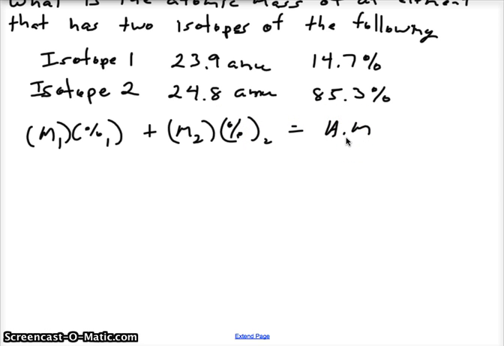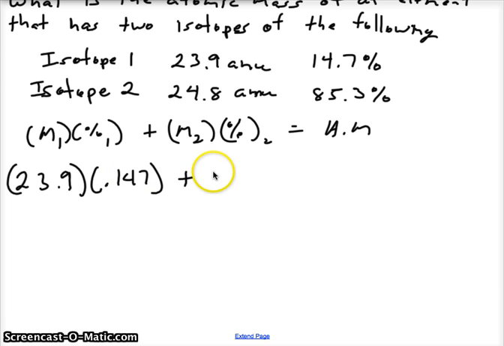And so looking at the mass of 1, that's going to be 23.9. The percent of 1, we move our decimal, so that's 0.147, plus the mass of 2, which is 24.8 AMUs, times the percent of that, 0.853.